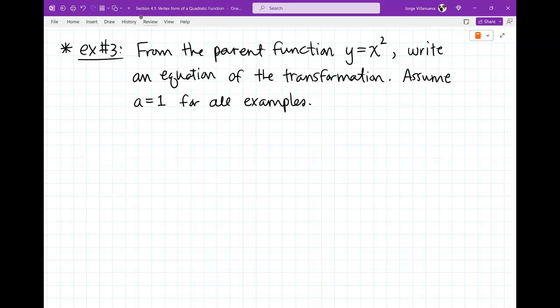So I'm going to give you 2 examples for this. It's actually going to take us longer to write them down than to do anything else. So they're going to say translates 2 units right and 6 down.